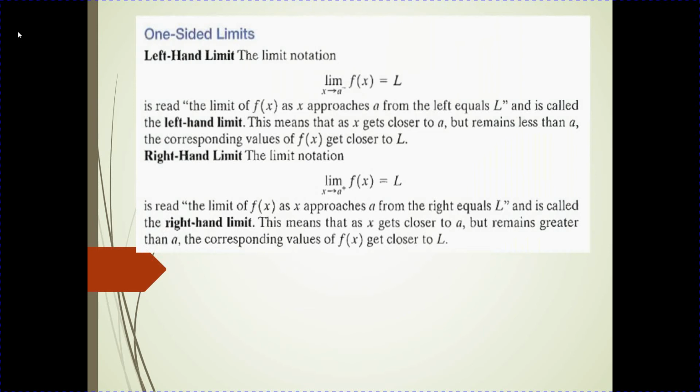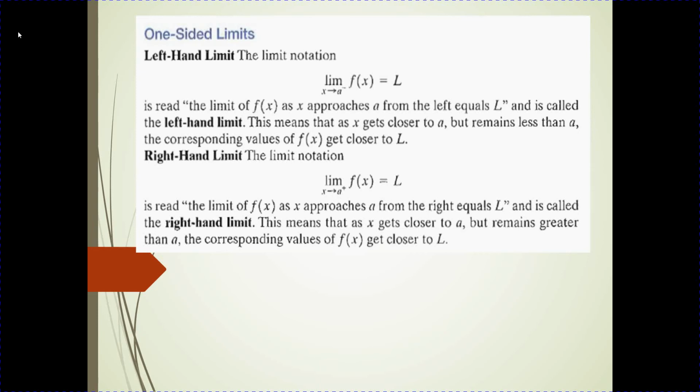Now the next thing is the concept of one-sided limits. One-sided limit means that x gets closer to a from the left or closer to a from the right, which means that you will take x values which are less than a, or you will take x values which are greater than but closer to a.